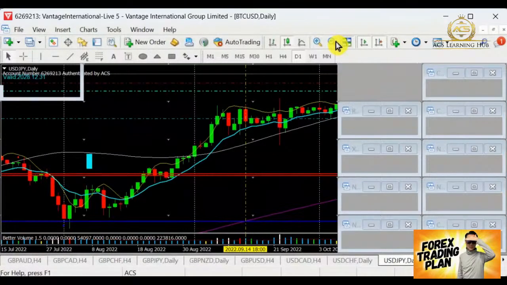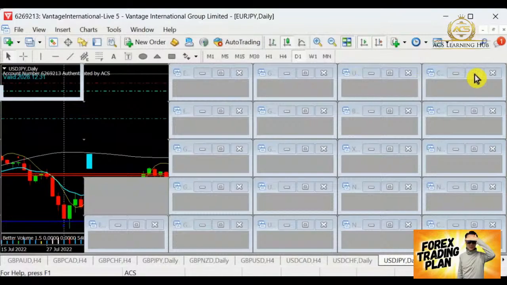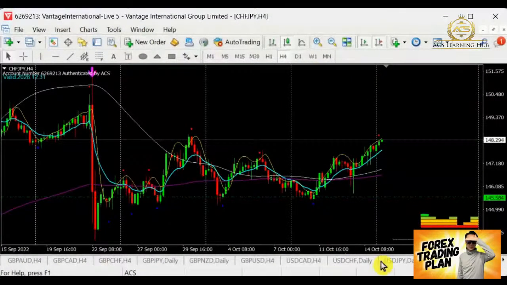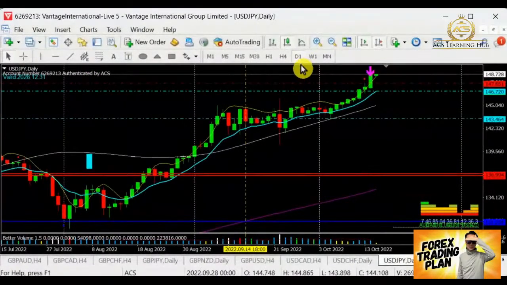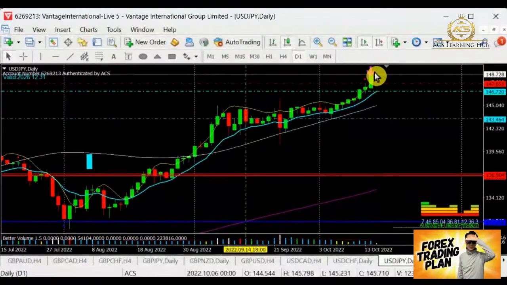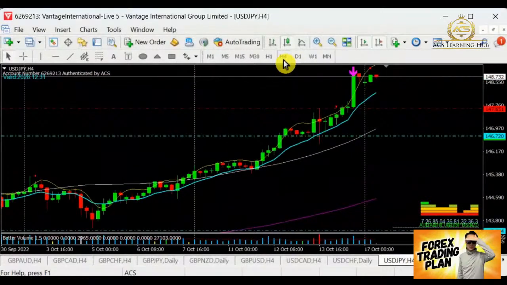Currently, I see that this dollar yen is still tentatively not in favor. Buyers can take note. Once it retraces, once it pulls back to a support level, there will be a good chance for buying. So I still see dollar yen as good for the buying side.